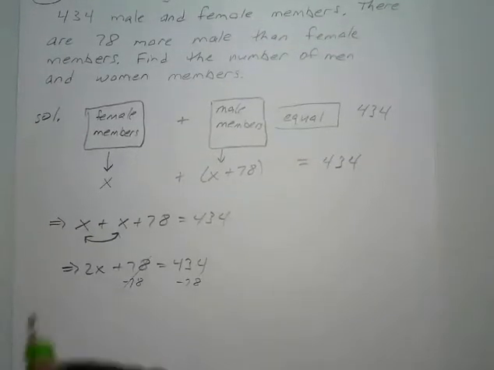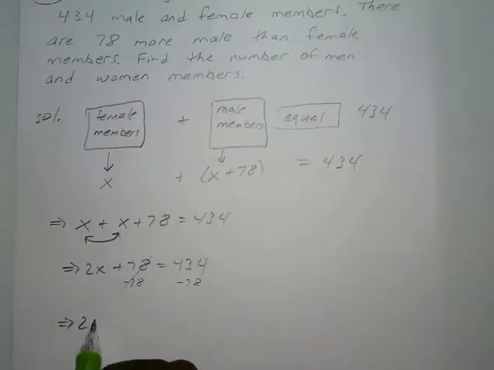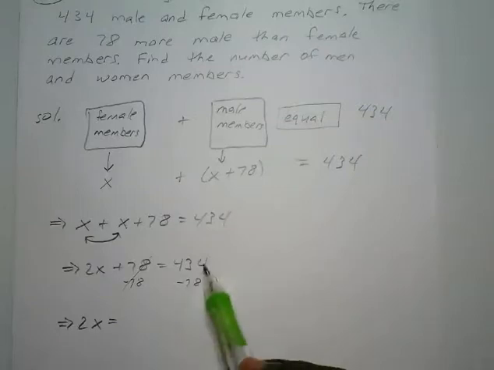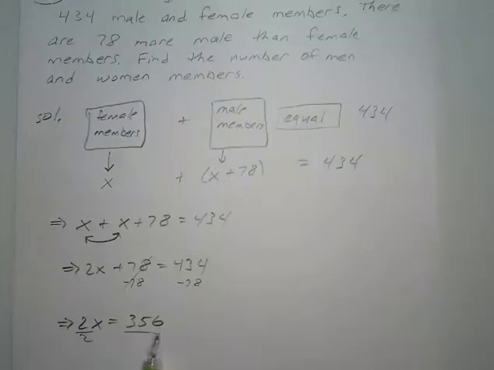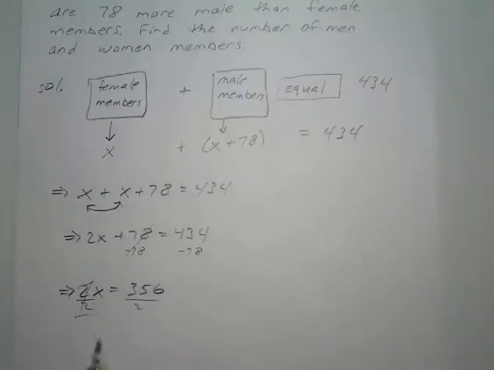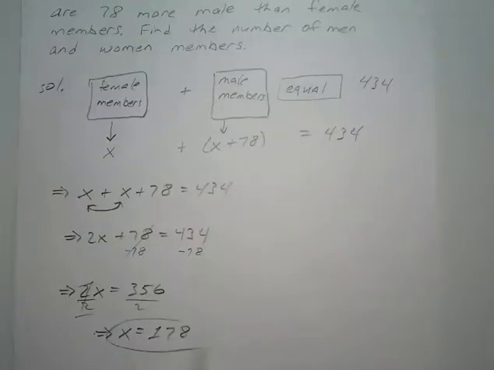So we have 2x equals 434 minus 78 is 356. And if we divide both sides by 2, we have x equals 356 divided by 2 is 178.